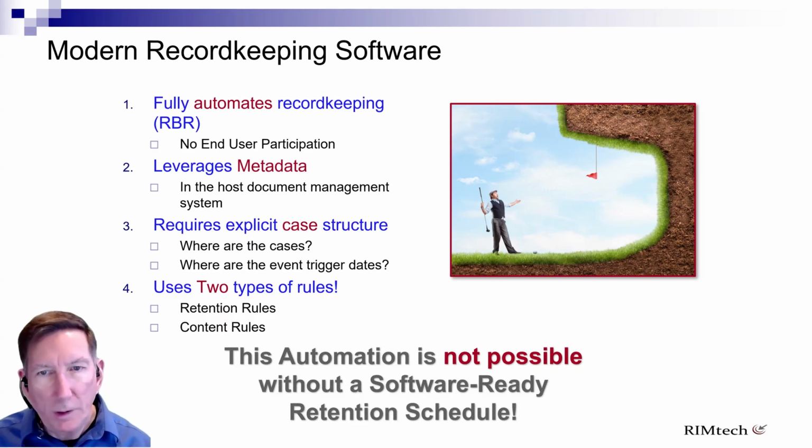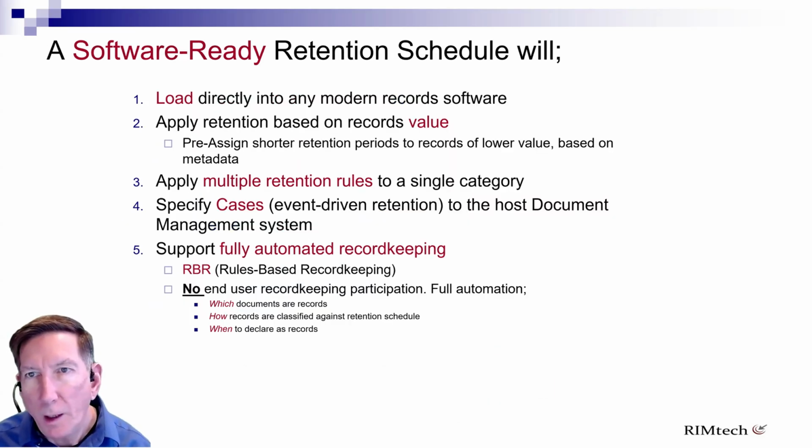And we're going to have 2 species of rules, retention rules and these mysterious new content rules. So a modern software-ready retention schedule will go directly into the spreadsheet, and it is different in that you now can apply retention based on the value of records. We couldn't do that before because we didn't have that level of granularity.